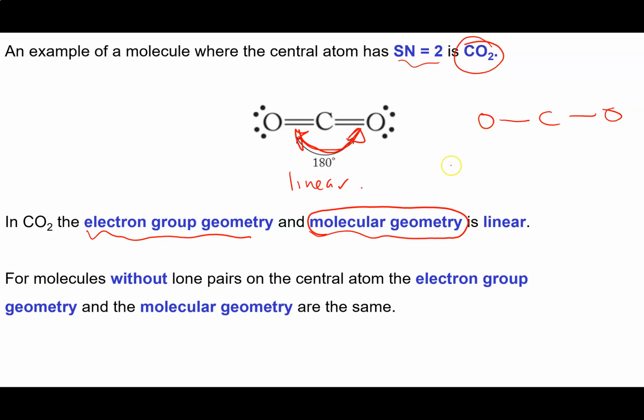And the important thing to recognize is that the electron group geometry and the molecular geometry will be identical when you don't have any lone pairs on your central atom. So we don't want to get too bogged down in that distinction for CO2.